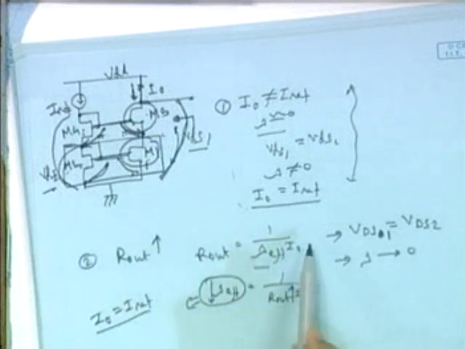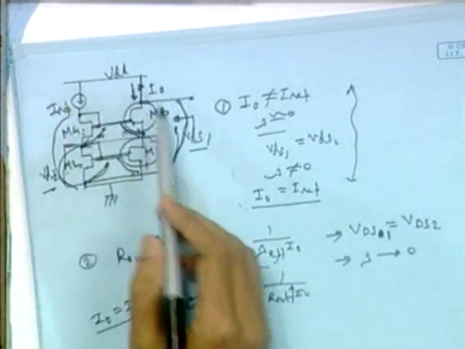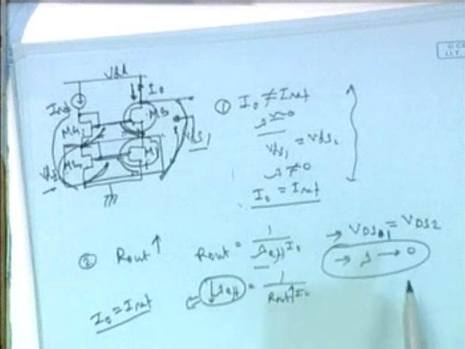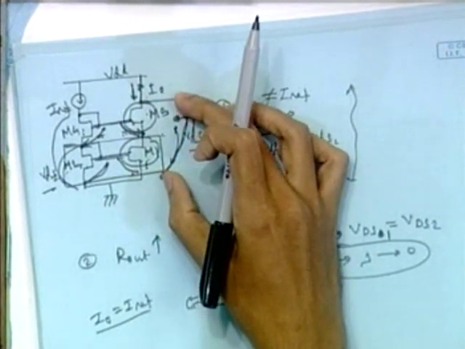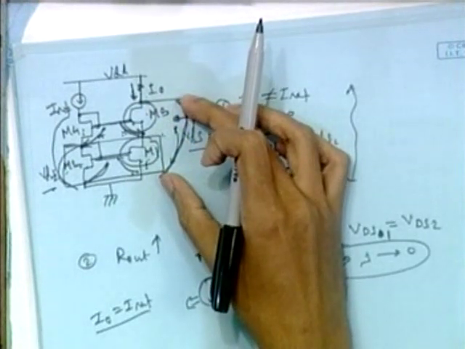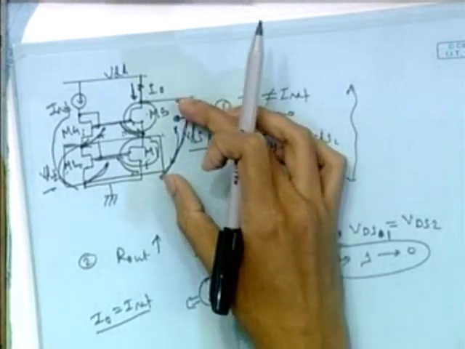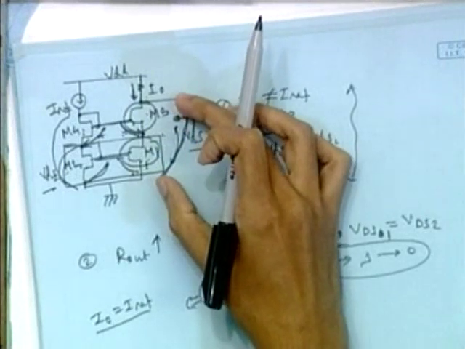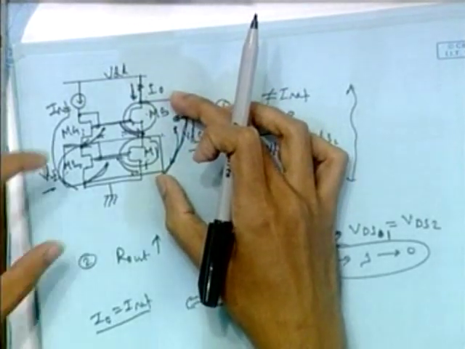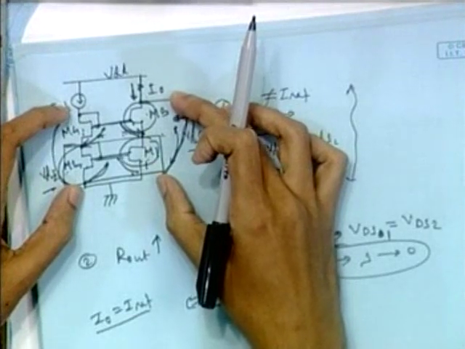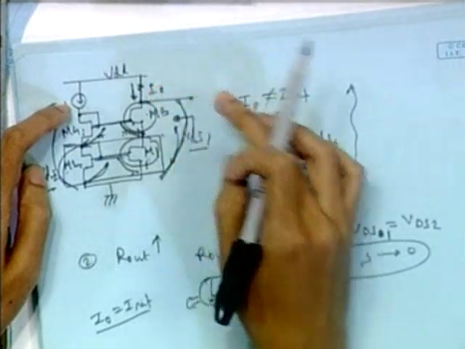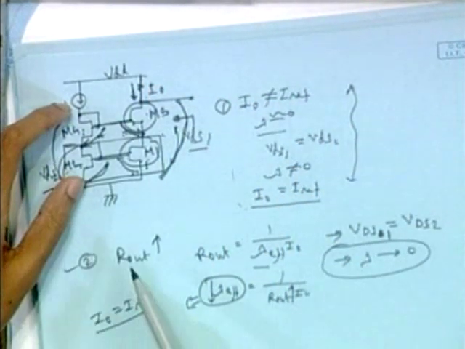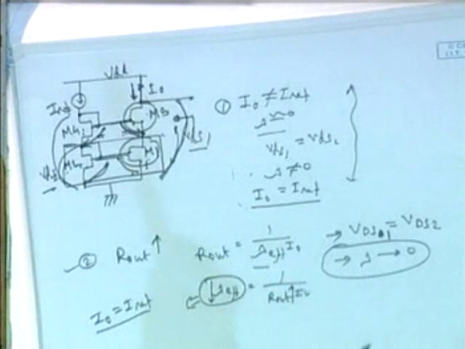So the second logic explains this circuit from this point of view. It makes the effective lambda between these two ports almost equal to 0. So though we have a finite mismatch between this VDS and that VDS, we have I0 equal to IREF. I think this explanation is better than the first. Is that clear?